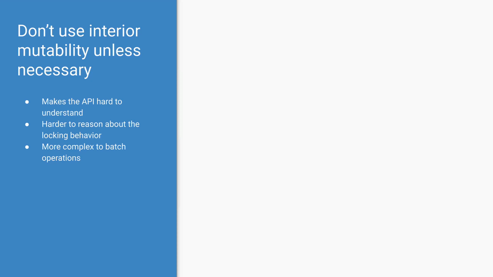Additionally, it will make it harder to reason about the internal locking behavior. And finally, it will be more complex to batch the operations, as you won't be able to control the locks as the API hides them.